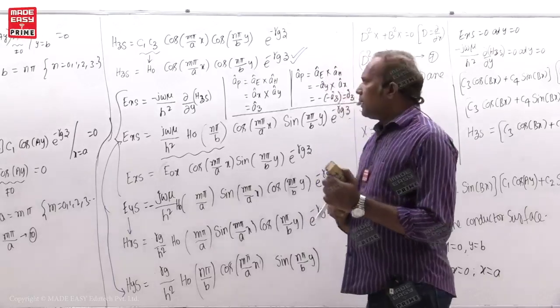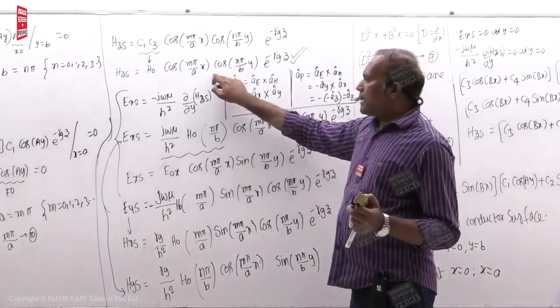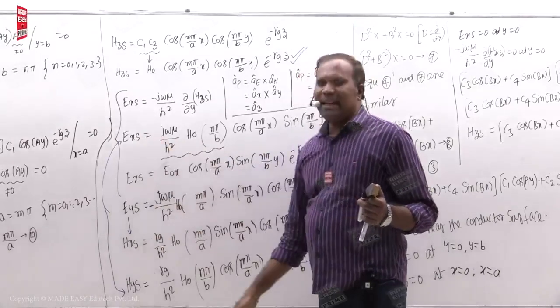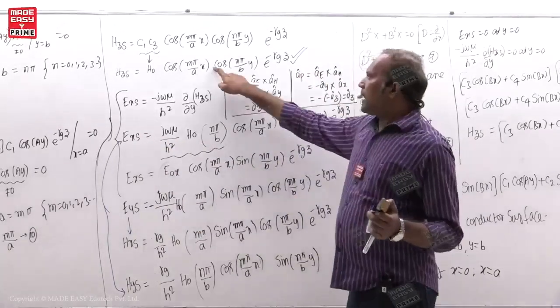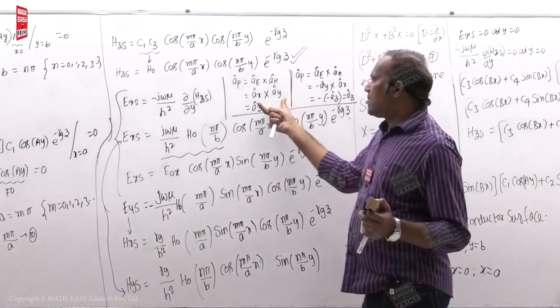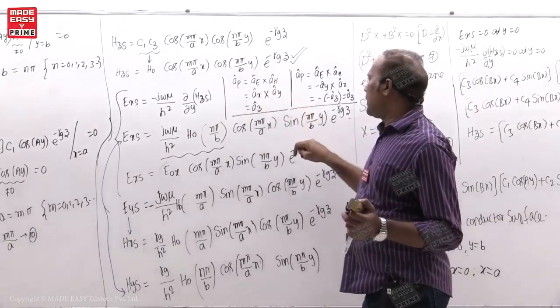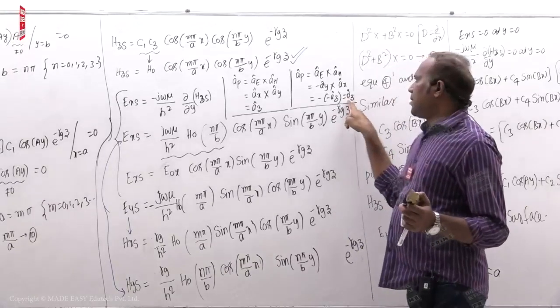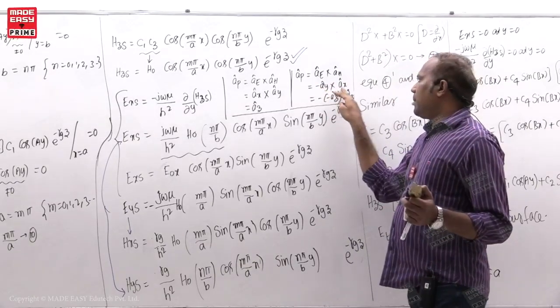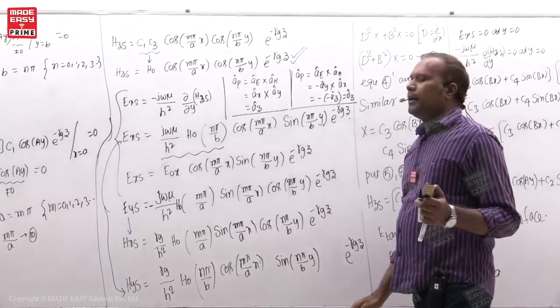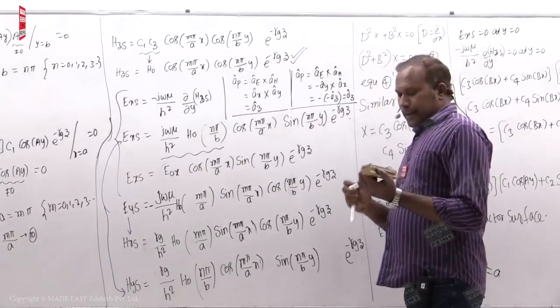Okay, so this is the mother component, and it generates these children components. These children components carry the power in the z direction. This one cannot carry the power in the z direction because, as you see here, to carry the power in the z direction you need electric field x component and magnetic field y component. Here, to carry the power in the z direction, electric field y component and magnetic field x component should have opposite sign, so that again power is carried in the plus z direction, dear students.